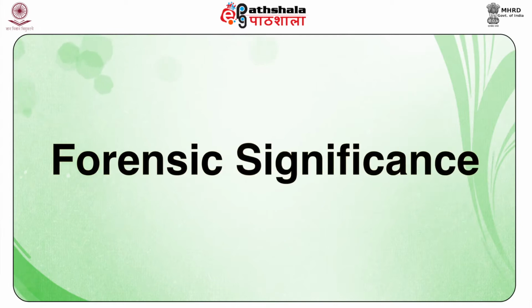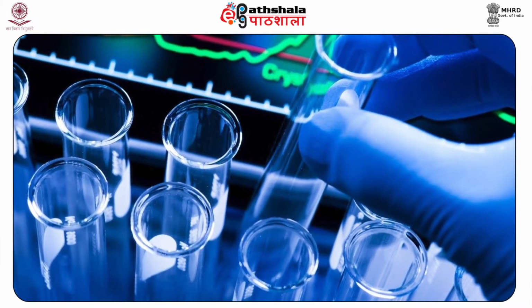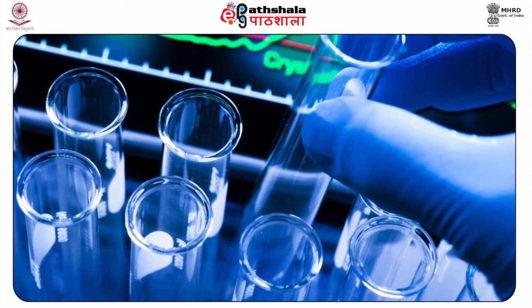Next is forensic significance. Maximum cases that go to a forensic toxicology laboratory start with the suspicion that a drug or poison is present. A casualty might be an accident, suicide or murder, but a toxicological examination must be carried out to support the investigating officer to resolve which of those it might be.